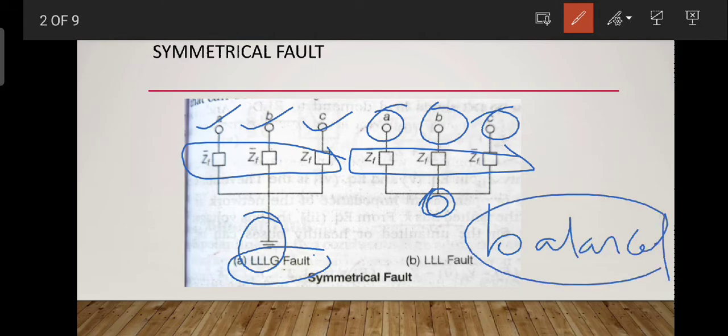It is not unbalanced. It is a balanced symmetrical fault. If ZF is equal to 0, this fault is usually the most severe fault, and it could not happen every time in the power system network.